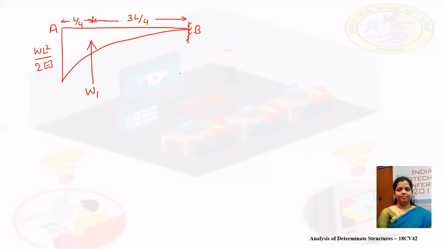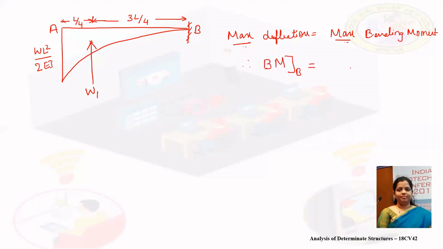Now maximum deflection at B will be given by maximum bending moment. Therefore, bending moment at B will be equal to W1 into X1. X1 is the distance of the CG from the fixed support.